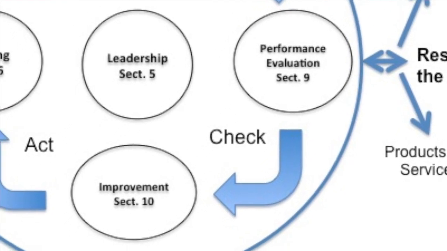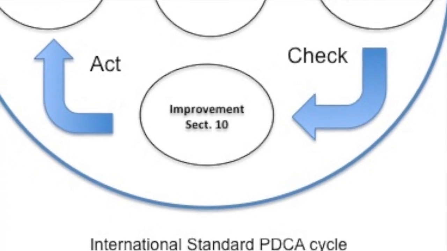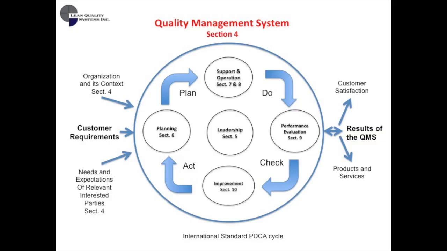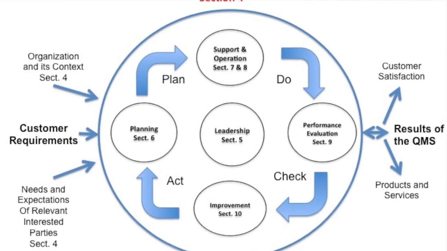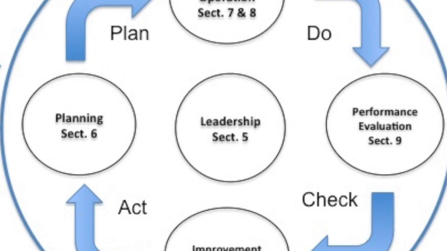We're going to have continuous improvement within the organization, which is talked about in Section 10. So that's what the system looks like. It's very simple, very relaxed, and in the center of that is leadership. If you don't have good leadership with responsibility and authority well defined, then this whole system collapses on itself.